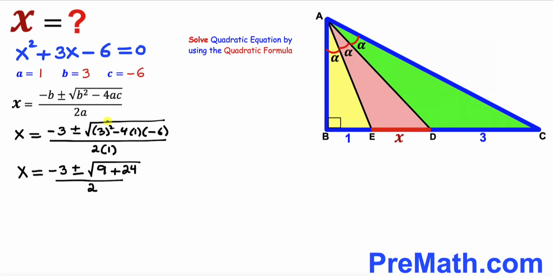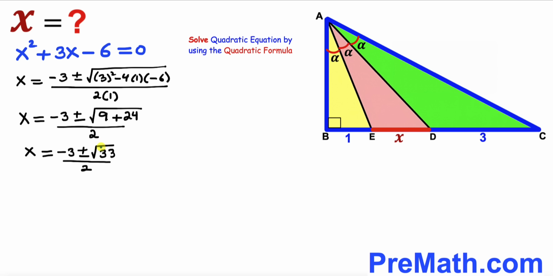And now in this next step, 3 squared turns out to be 9, and when we multiply that, that's going to give us positive 24. So thus we ended up with x equals negative 3 plus or minus the square root of 33 all over 2. And now I'm going to split these two signs, positive and negative.